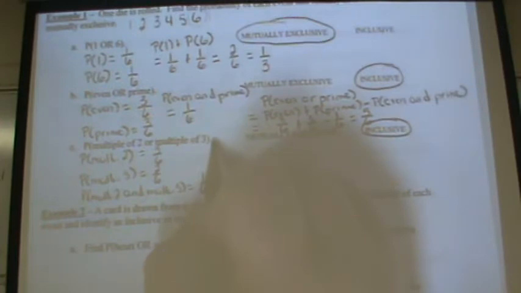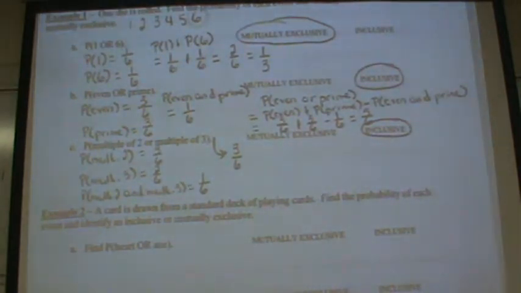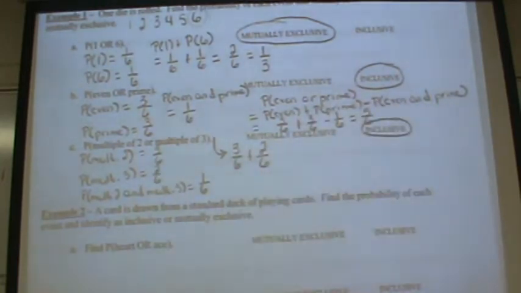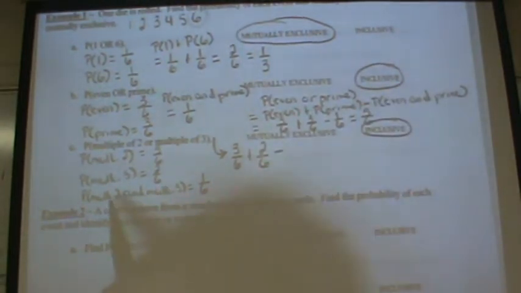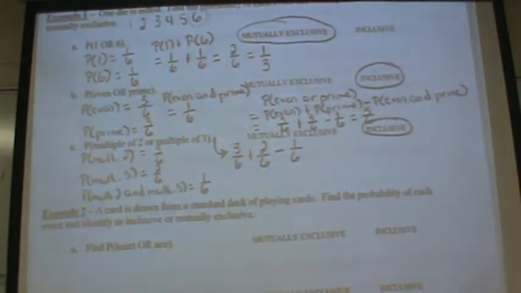So setting up our probability again, our probability of getting a multiple of 2 or a multiple of 3 is the probability of getting a multiple of 2, which is 3 over 6, adding the probability of getting a multiple of 3, which is 2 over 6, and subtracting the probability of both events occurring at the same time, which was our 1 out of 6.